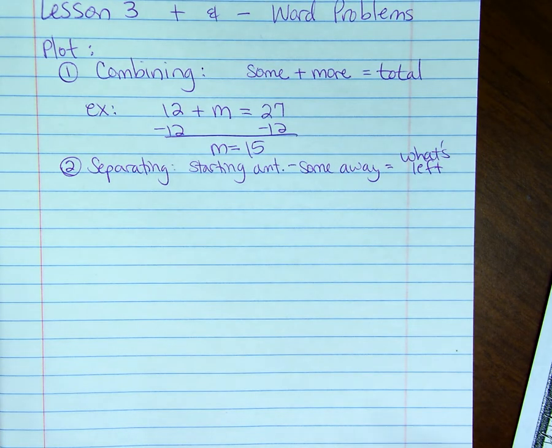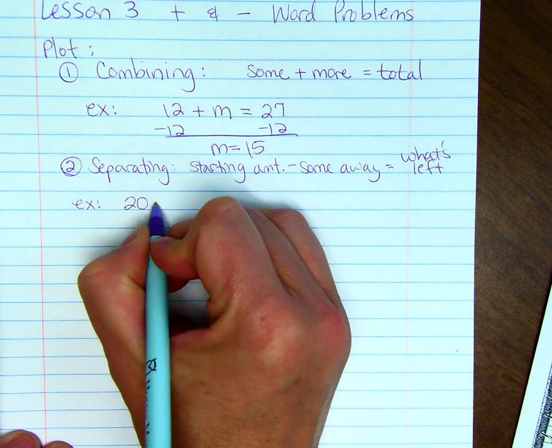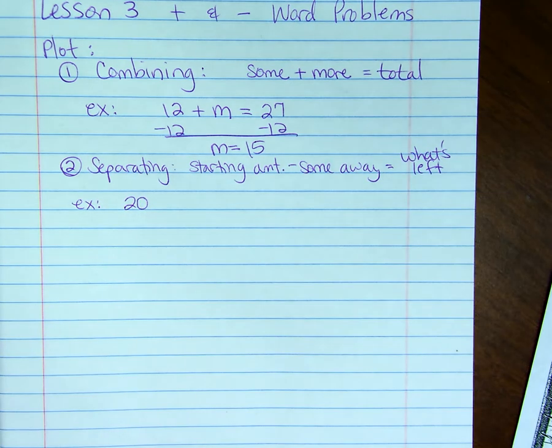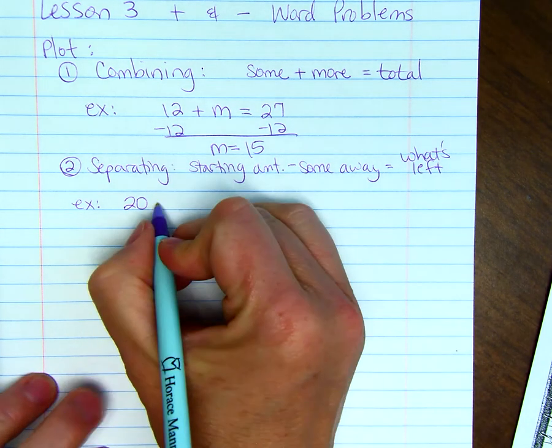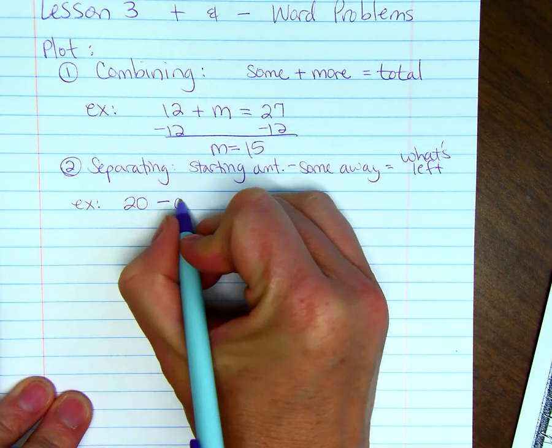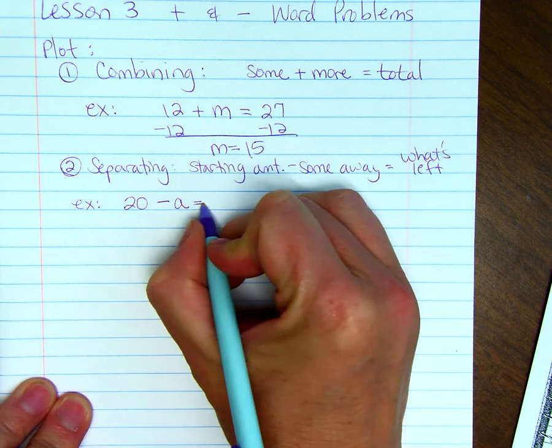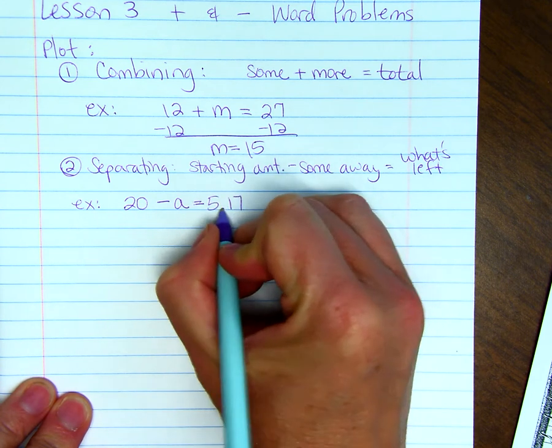So an example would be, I went to the store with $20, bought some cat food, and walked out of the store with $5.17. How much was the cat food? That would be separating, because you start with some money, $20, you're going to buy some cat food, and end with $5.17.